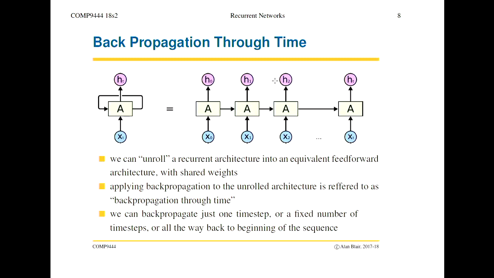Now, how would we train this? Well, we can do it by backpropagation, because now that it's unrolled, it becomes simply a feed-forward architecture, and we can backpropagate this. So let's say we have a target output at each time step.